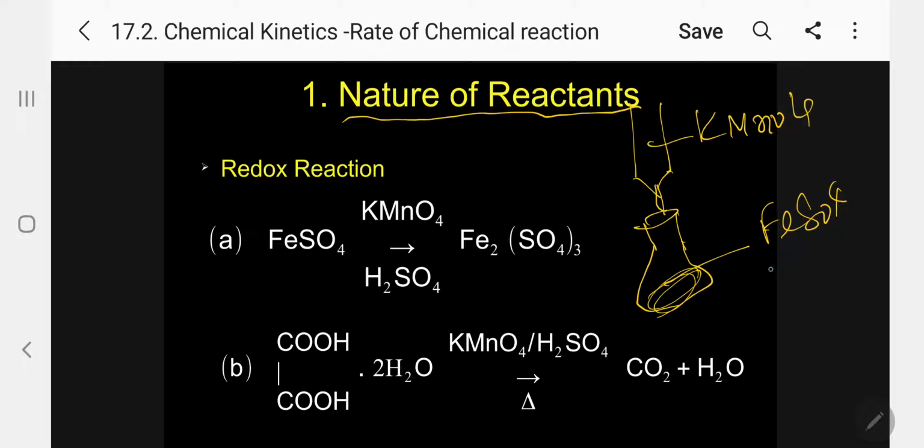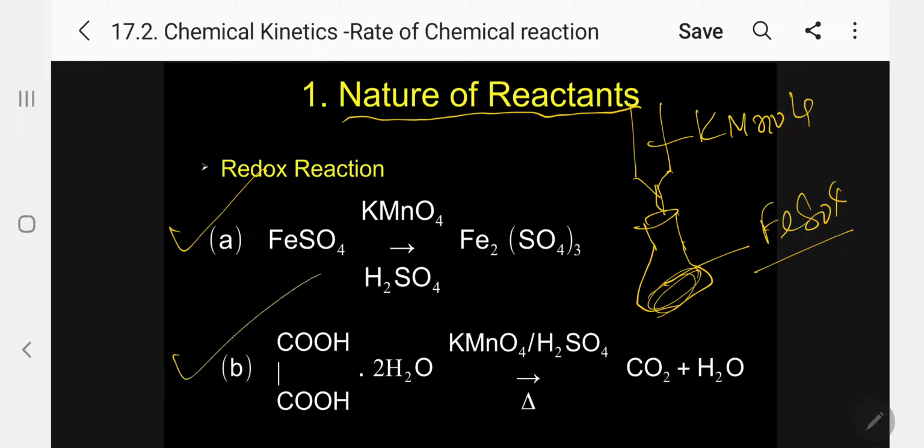So here, 20 ml of ferrous sulfate plus an equal 20 ml of dilute sulfuric acid should be added. Then you can directly add potassium permanganate. Appearance of pink color is the endpoint. So kindly follow. In the first case, in cold itself, it is taking place. Nature of reactant.